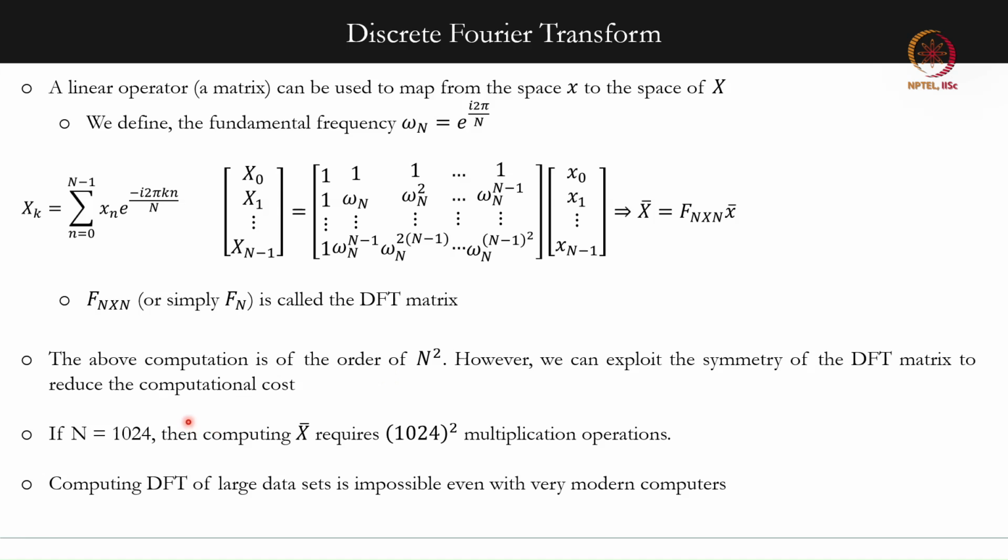Say if n is equal to 1024, then we'll have to perform 1024 squared multiplication operations to calculate these Fourier coefficients, and this is computationally very expensive, and that is the reason we use a simpler algorithm to compute the same thing, which is called the fast Fourier transform. So we'll look into that next.